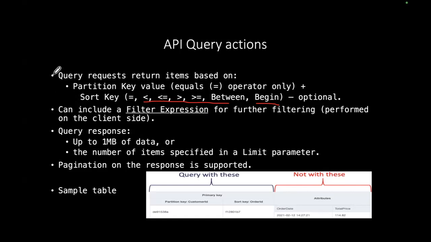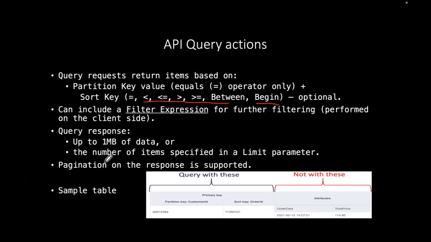In your query request, even though a query might return from the server side, let's say, 100 items, you can specify that you're only interested in a limited number, and it'll just return that limited number to you. I think that actually still only happens on the client side, though. The limit doesn't happen on the server side.